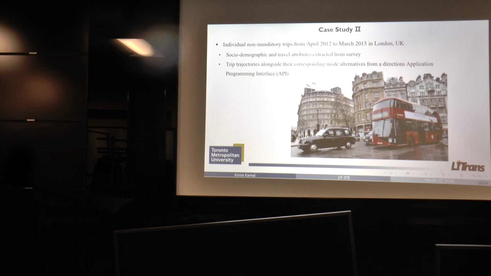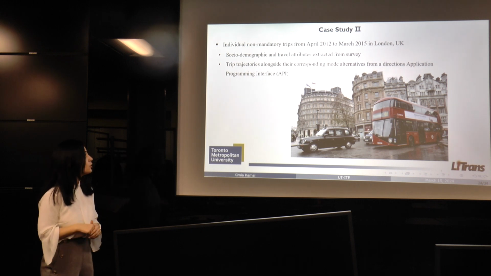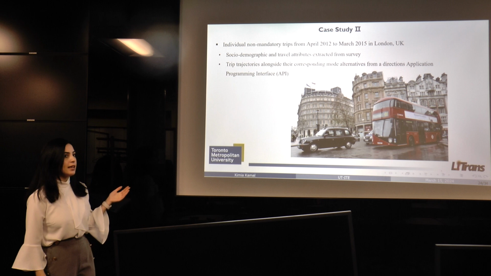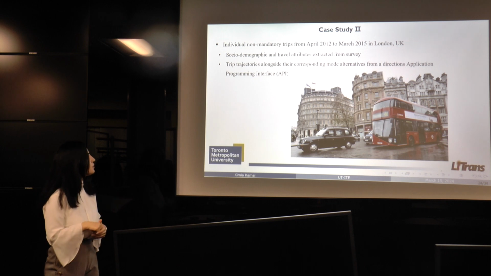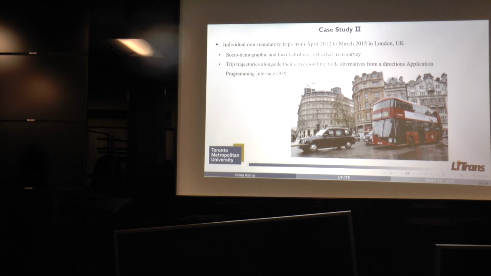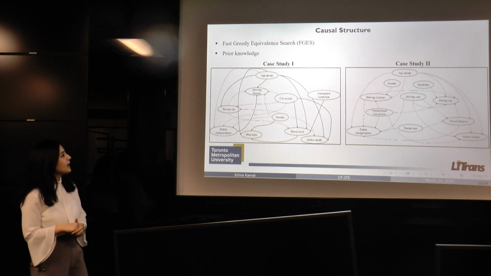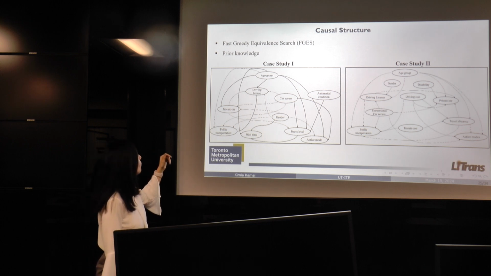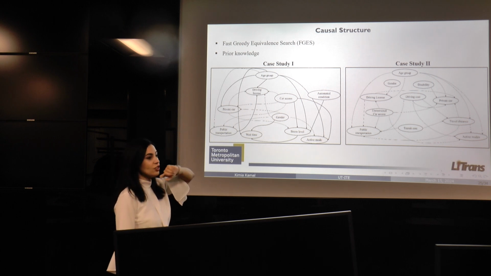For the second case study, we use the London dataset. We just focus on the non-mandatory trips collected from April 2012 to March 2015. This dataset consists of sociodemographic and travel attributes, and also trip trajectories corresponding to their mode alternatives. For these two case studies, we found these causal structures by using the fast greedy equivalence search, which is a score-based causal discovery algorithm.